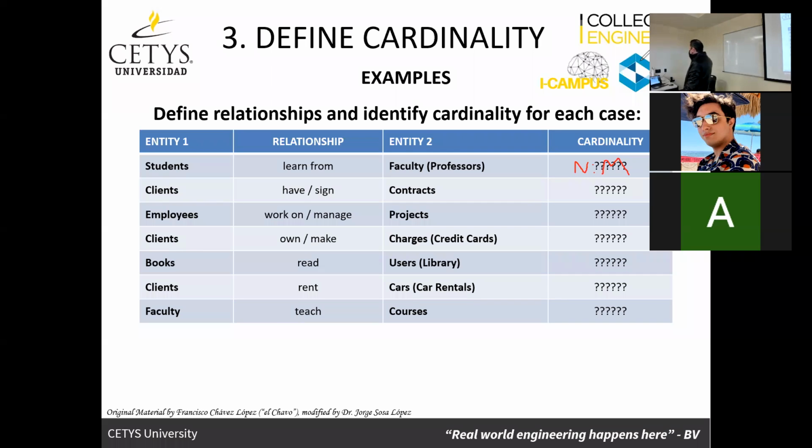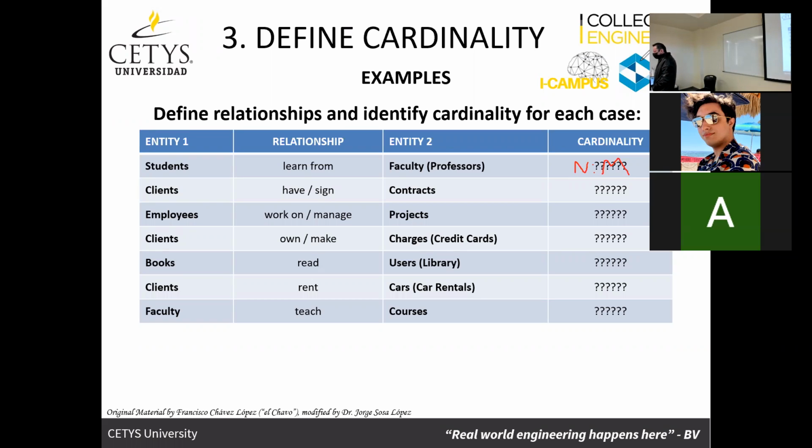We were talking about clients and customers before. So let's look at clients and contracts. This is one where we could have more than one interpretation, depending on how we look at it.